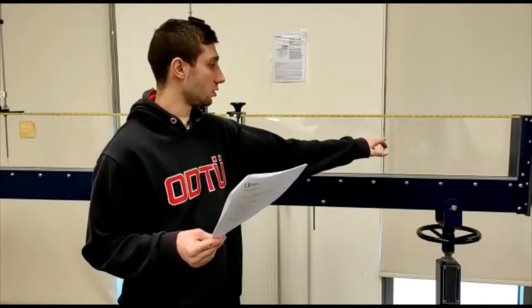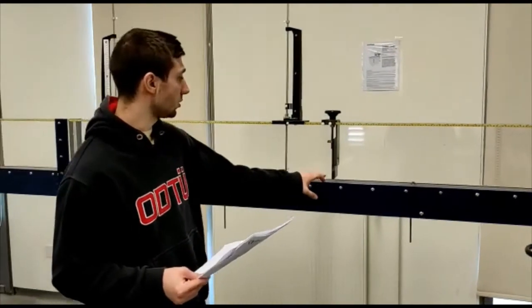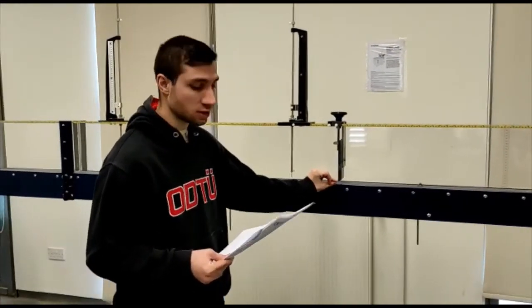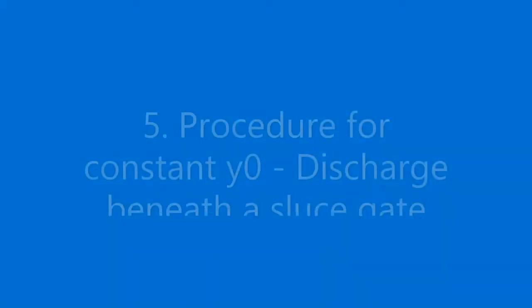Once it reaches 20 centimeters here, I will adjust the discharge and it will stay constant. Then I will keep changing this distance, which is YG, and take different measurements according to changing YG values.